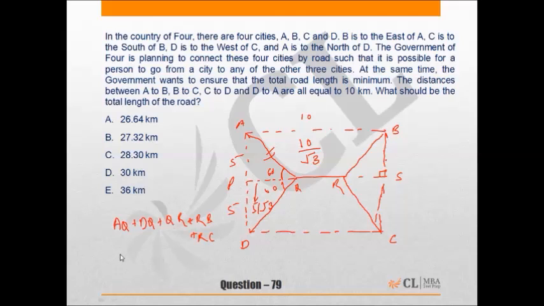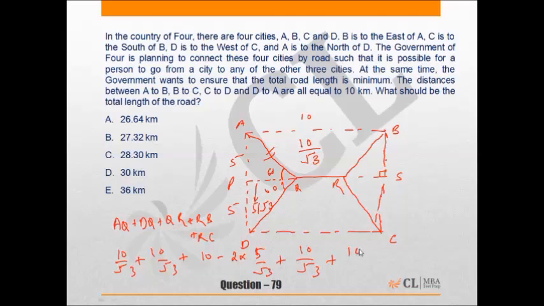AQ is equal to 10 upon root 3. DQ is also 10 upon root 3, plus QR. It is 10 minus twice of PQ, which is 5 root 3. RB is again 10 root 3.